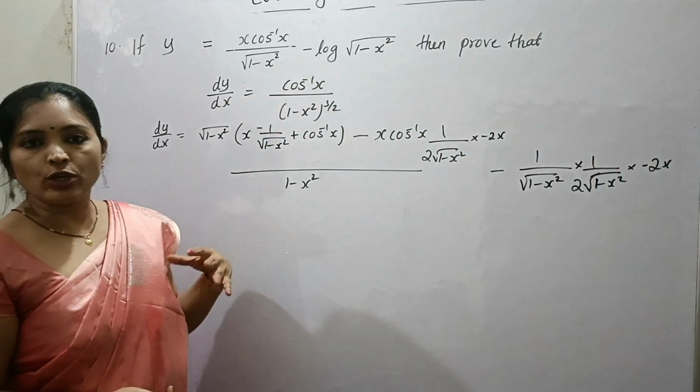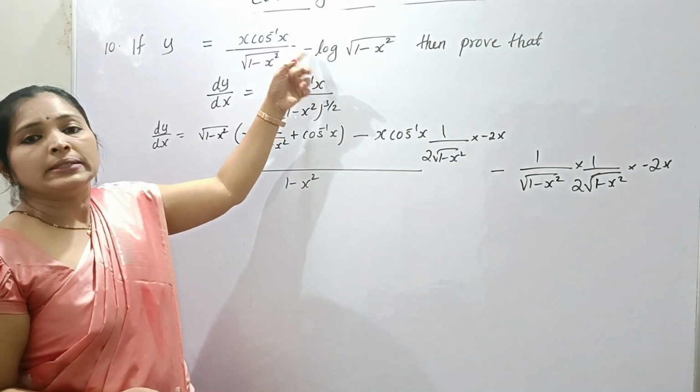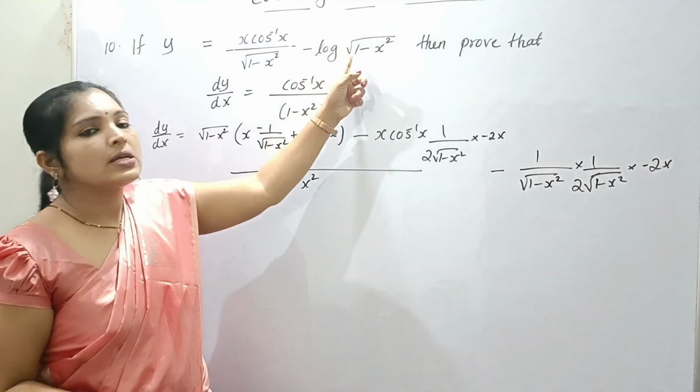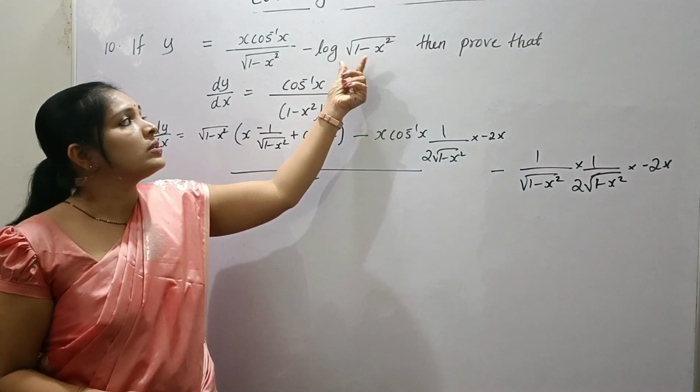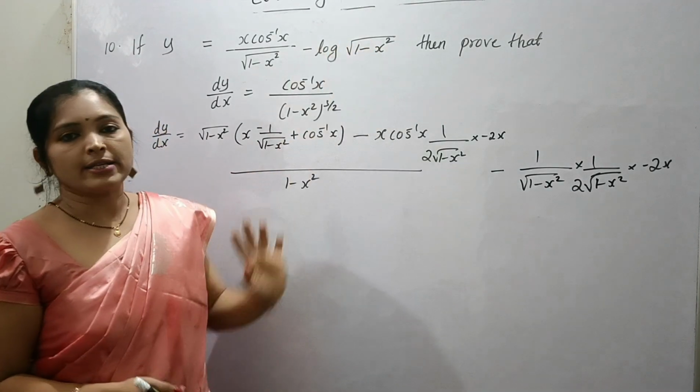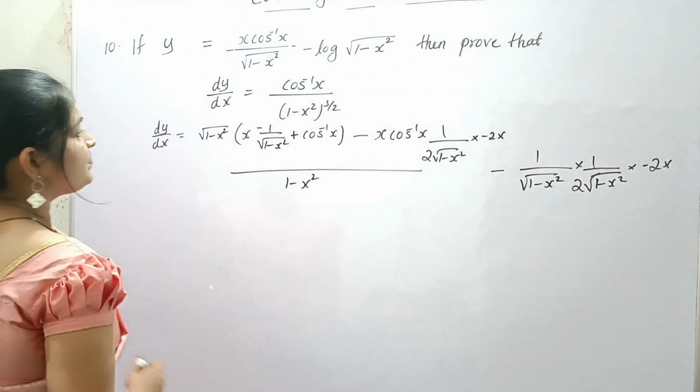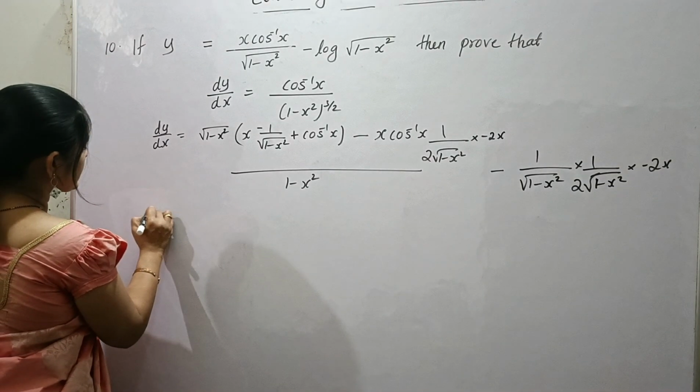So applied chain rule. First taken derivative of log, then root x, square root, then derivative of the inside function, 1 minus x square. Then let's simplify.